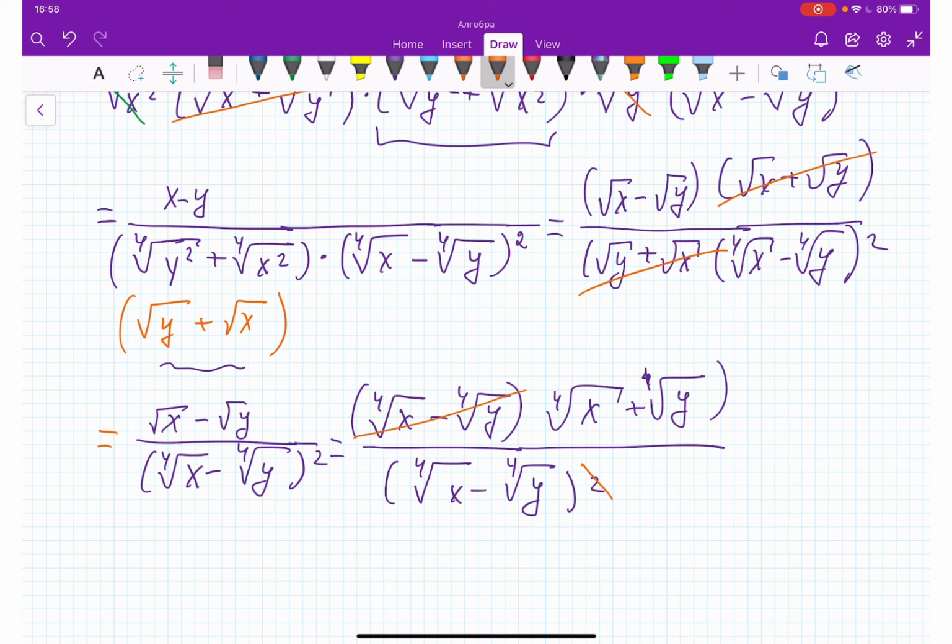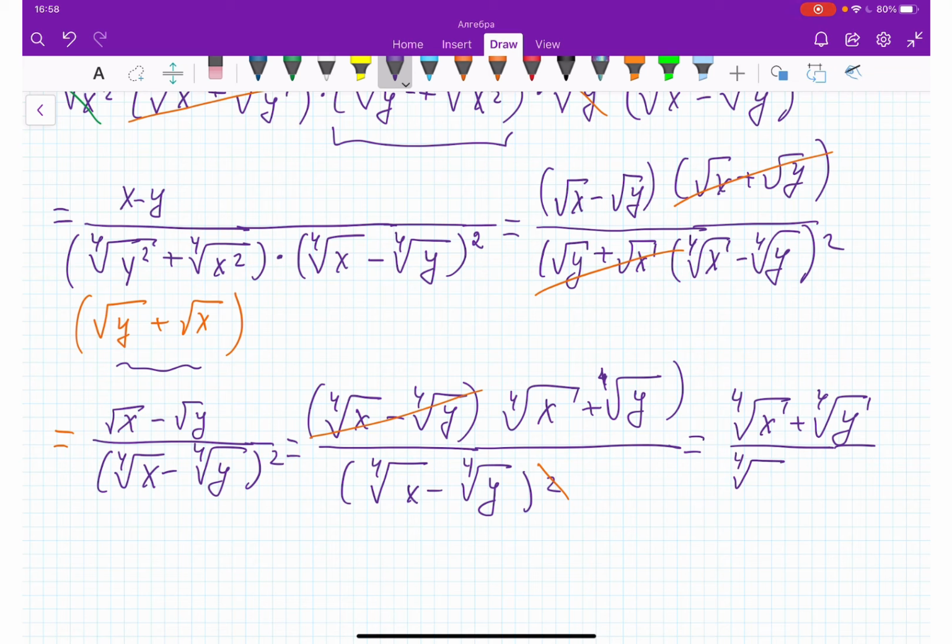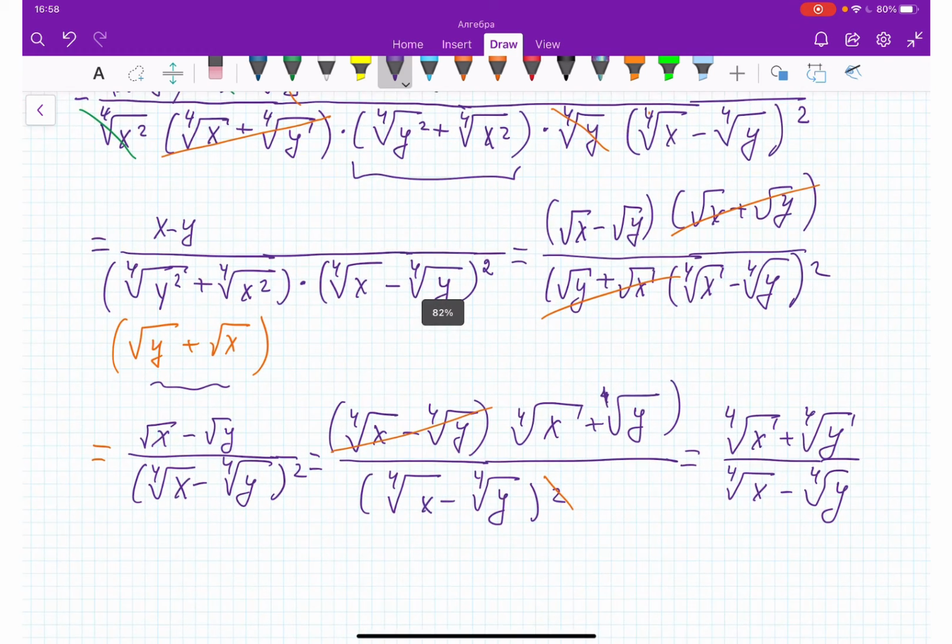And my answer will be radical degree 4 of x plus radical degree 4 of y over radical degree 4 of x minus radical degree 4 of y. And that is going to be our answer.